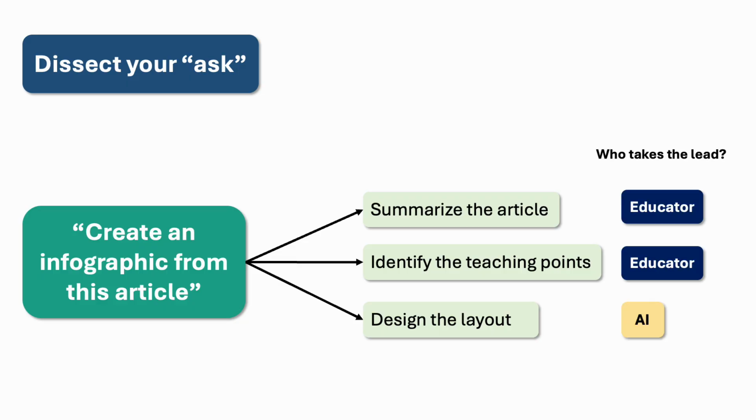Some of them, like laying out the design, you may be fine letting AI take the lead on. But others, like deciding what the teaching points are, are the parts where our oversight and expertise as an educator and clinician really matter. And so these are the areas where we should be much more careful in delegating to AI when creating teaching materials.